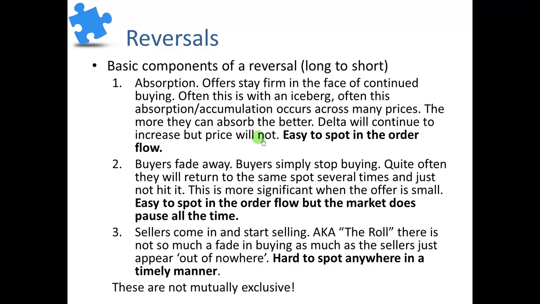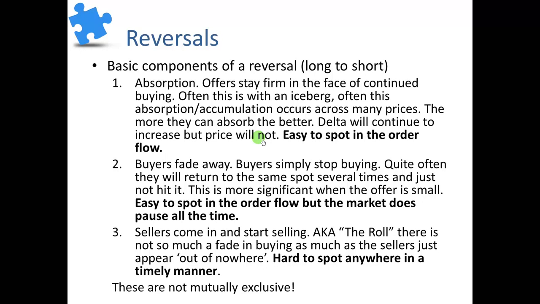Okay, now the third element of reversal is sellers coming in force and the market rolling over. Now, this is where you don't so much see buyers fading away as just getting to a level and suddenly sellers start hitting it aggressively with size. And many times this is going to be after the absorption, after all the buyers fading, but other times it's going to come out of the blue with no warning.